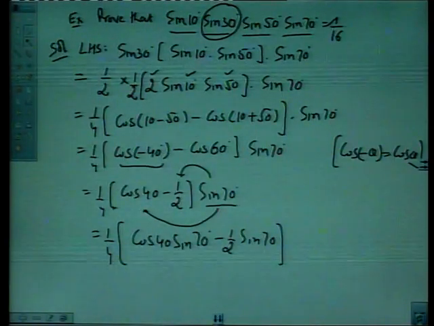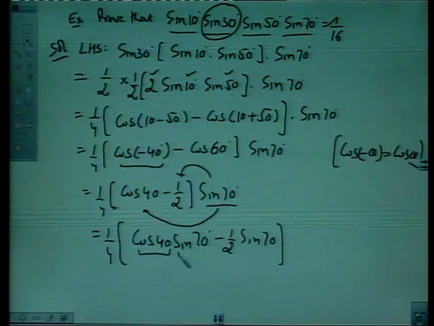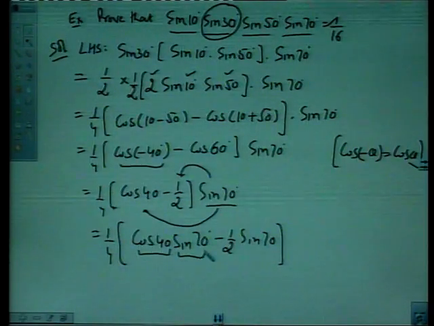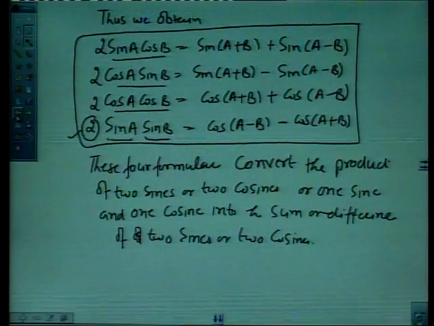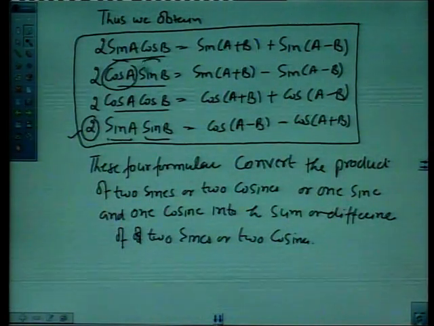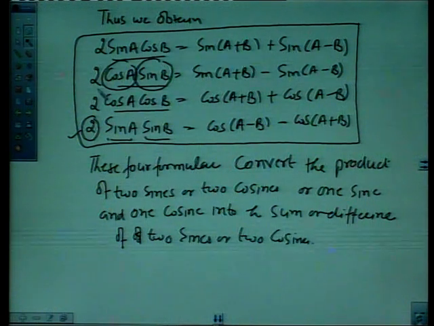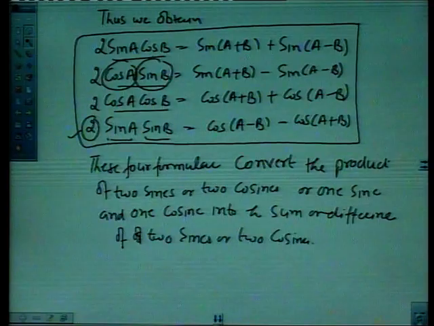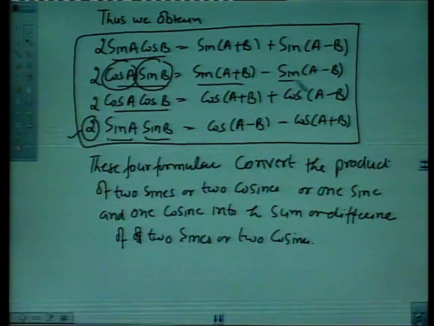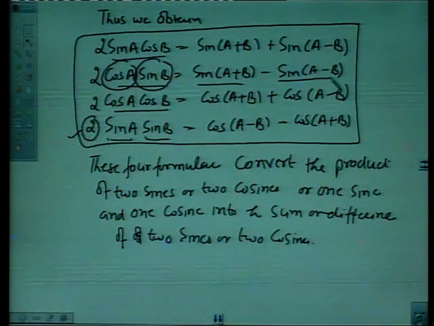Again we have here a product of 2 functions, cos 40 sine 70, like cos A sine B. What was the formula? If we multiply cos A sin B by 2, the formula is 2 cos A sin B is equal to sine(A plus B) minus sine(A minus B). So we will use this formula.